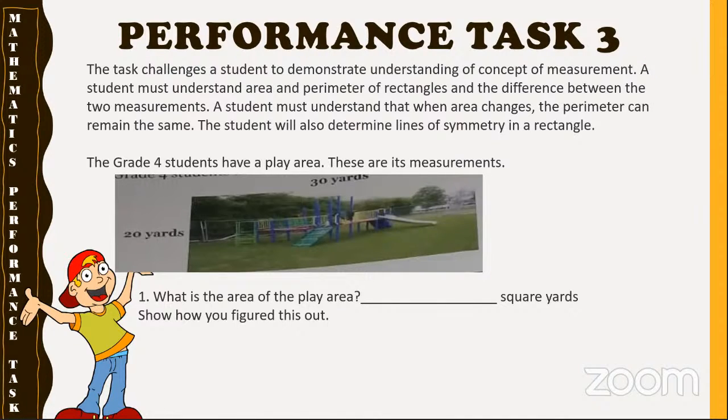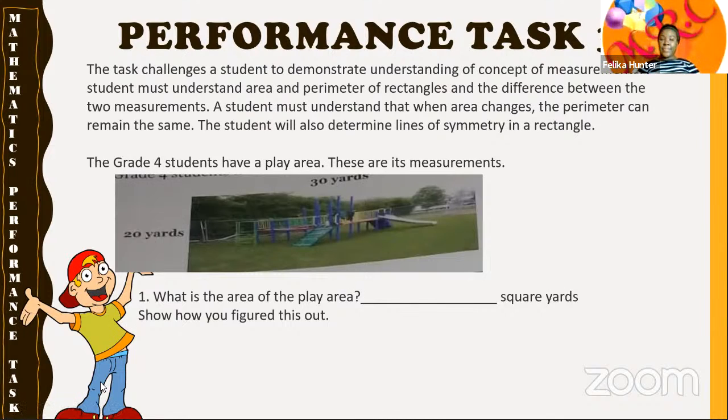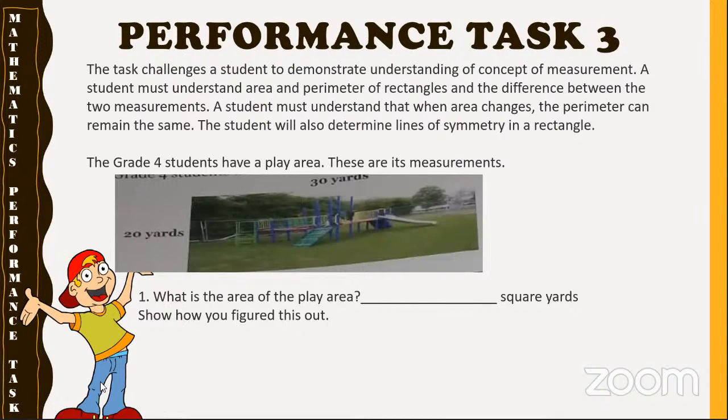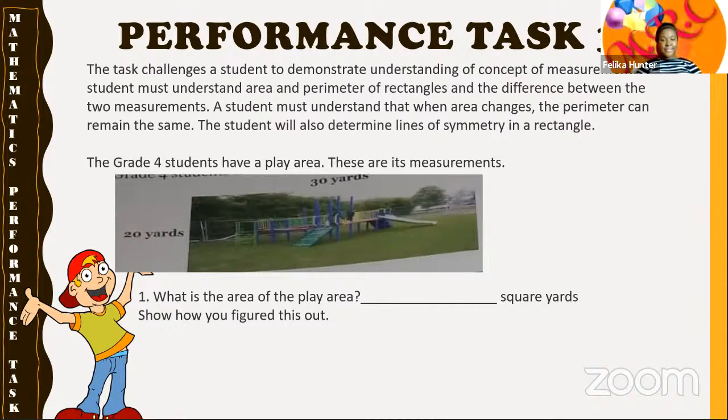The task challenges a student to demonstrate understanding of the concept of measurement. A student must understand area and perimeter of rectangles and the difference between the two measurements. A student must understand that when area changes, the perimeter can remain the same. The students will also determine lines of symmetry in an area.